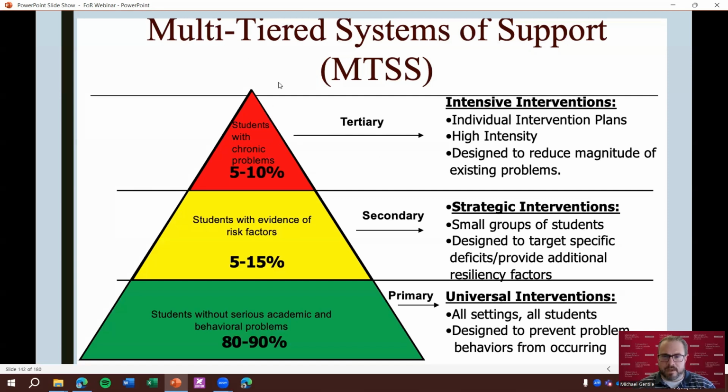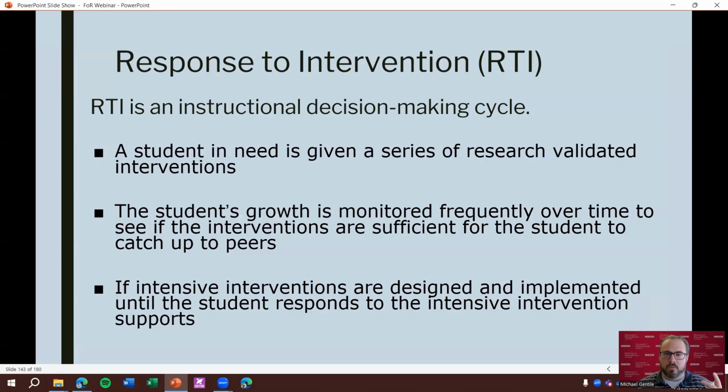The reason we have multi-tiered systems of support is that it's a combination of 2 different systems. One is called RTI, and RTI strictly talks about the academic side of things. And another, which I'm choosing not to have a slide of because I don't think it's going to come up in this MTEL, is PBIS, and that's the behavior side of things. So we have an academic piece and a behavior piece.